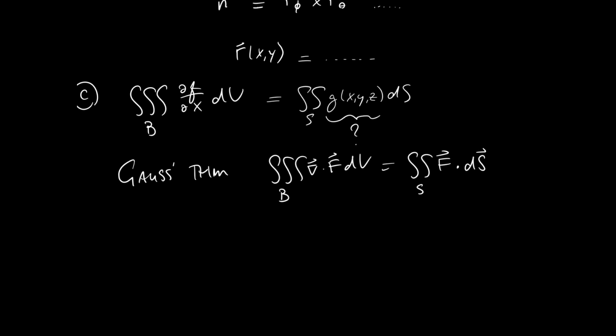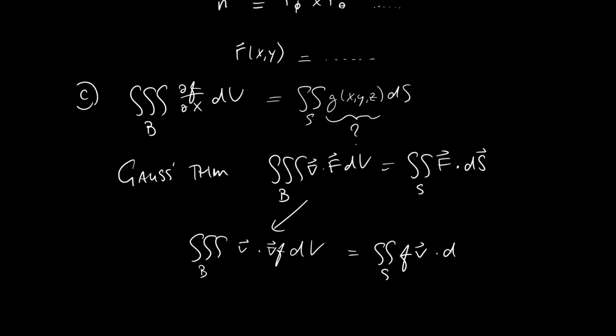The triple integral becomes v dot nabla F, because that's what the divergence of the vector field F F v is. And on the right-hand side we get the double integral over the surface of F v, integrated over that surface like this.